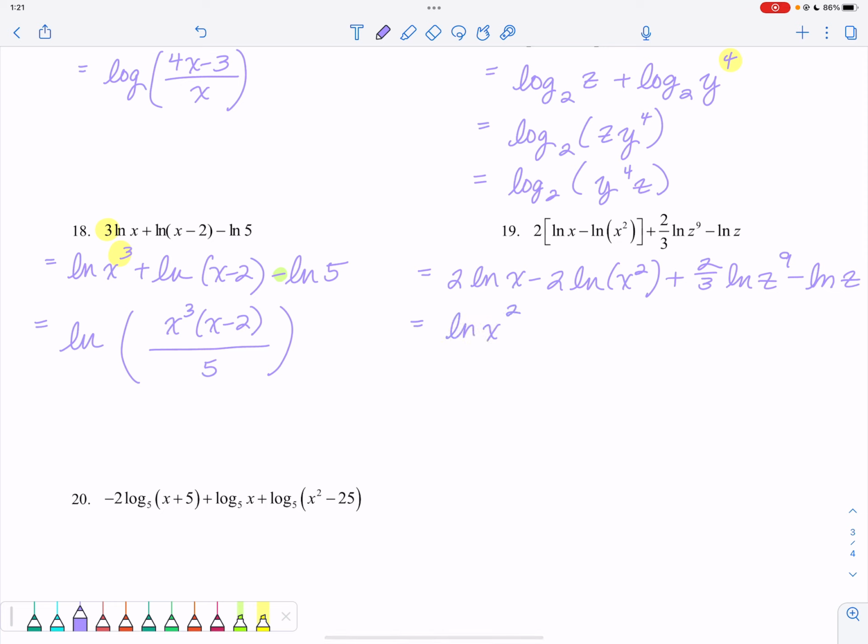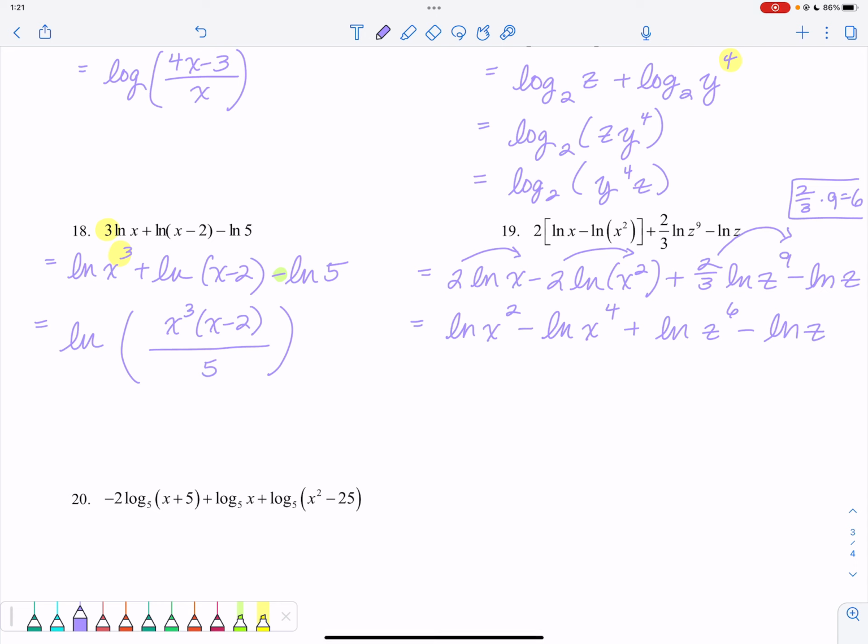Natural log of x squared minus the natural log of x to the 4th plus the natural log of z. Now, 2/3 times 9 is equal to 6. So this is z to the 6th minus the natural log of z.